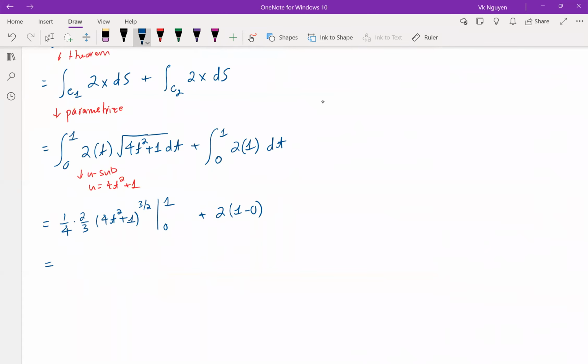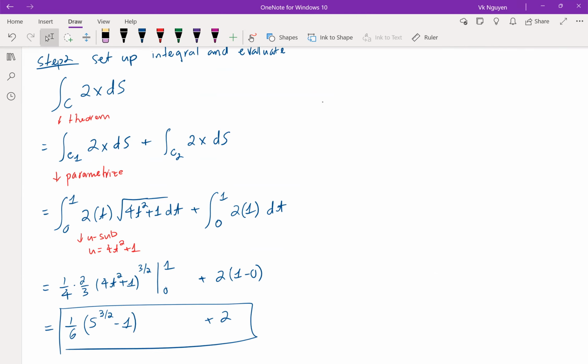So it's 1/6. 4 times 1 plus 1 is going to be 5, and 4 times 0 plus 1 is going to be 1. So 5 to the 3/2 minus 1, plus 2.